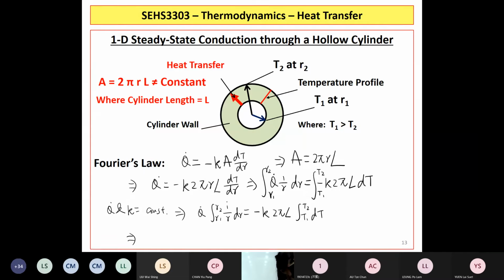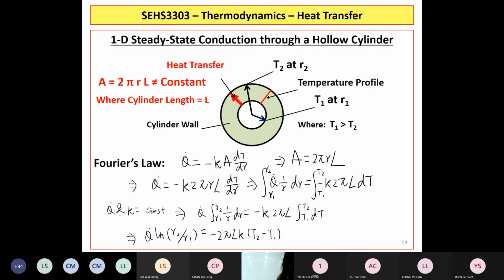For this, ln, T2 minus T1, right? Do you know this one? The integration. Yes, integration. We have ln R2 over R1. Okay, the integration.